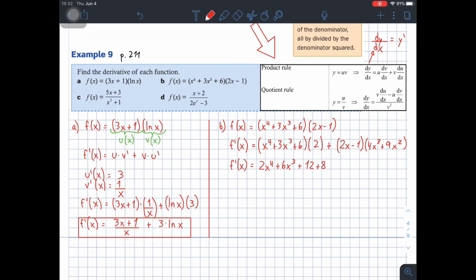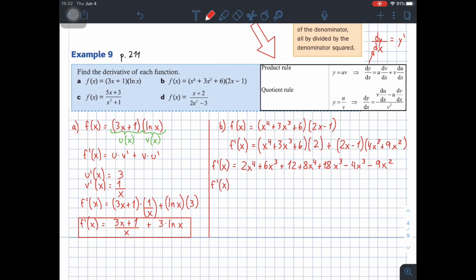Plus 8. I think I'm going to need more space here. Plus 8x to the 4th power plus 18x cubed minus 4x cubed minus 9x squared. Okay, there you go.